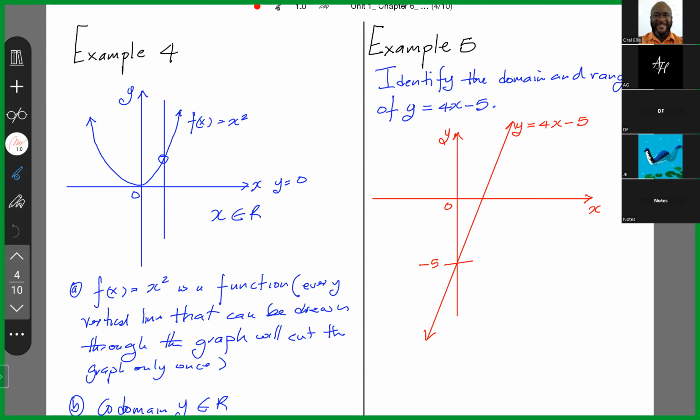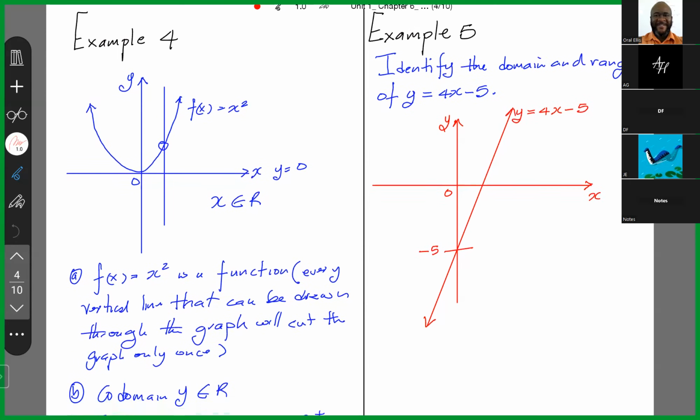So that said, it means therefore that the domain is X, which is an element of the set of real numbers.